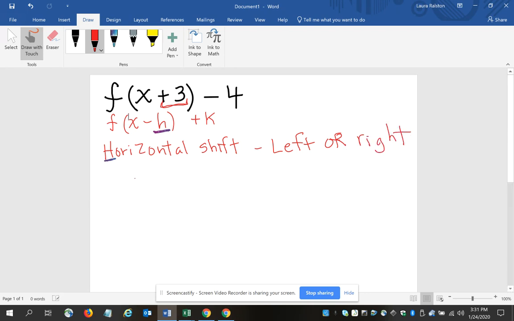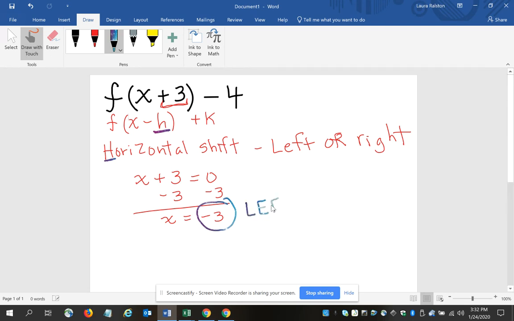Okay, and so if I take that piece, x plus 3, and I set it equal to 0, and I solve for x by subtracting 3 from either side, I end up with x equals negative 3. Because it is negative, I know then that I'm going to be going to the left. So this tells me, because it's negative 3, that I'm ultimately going to go left 3 units.